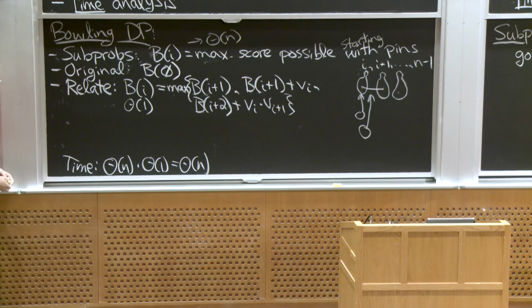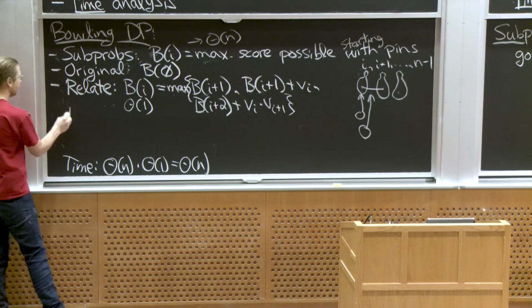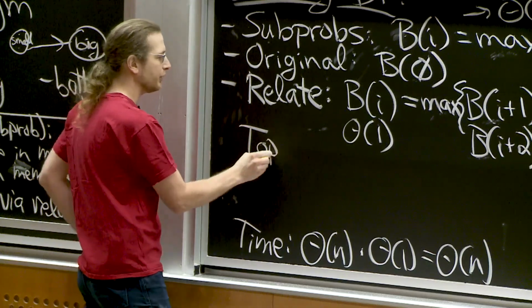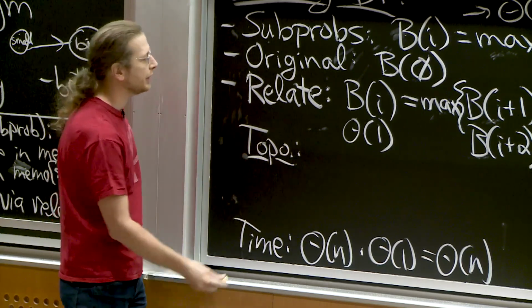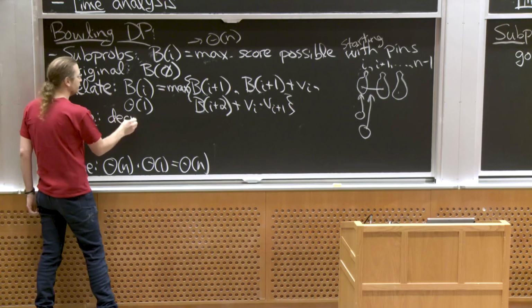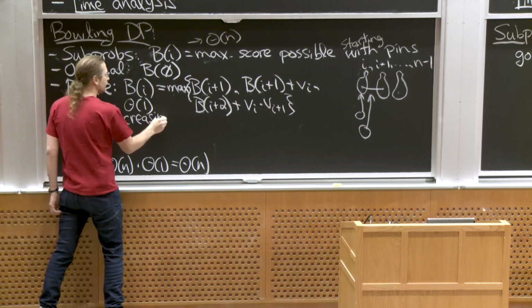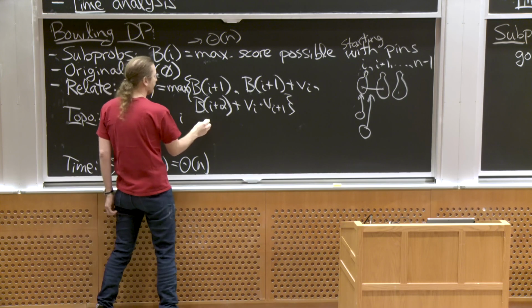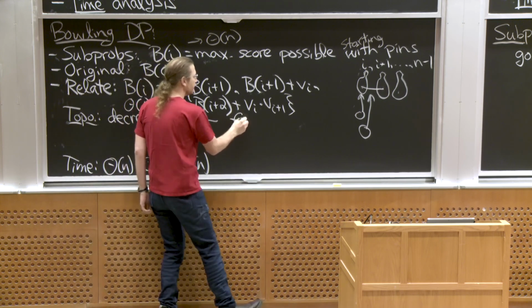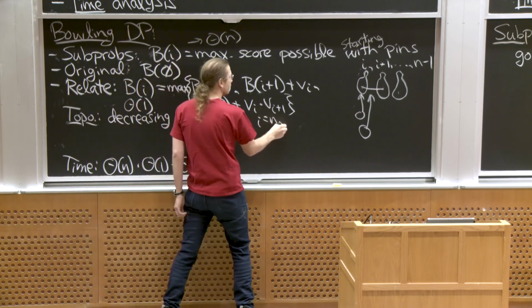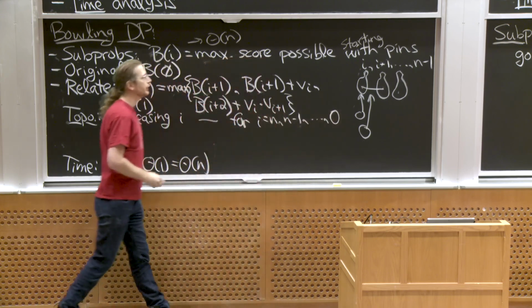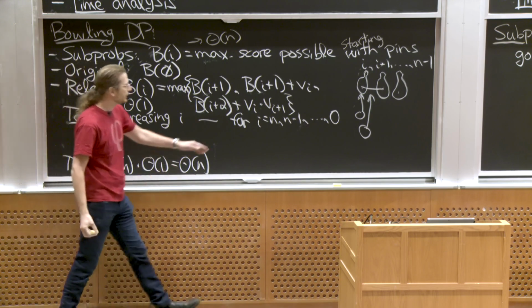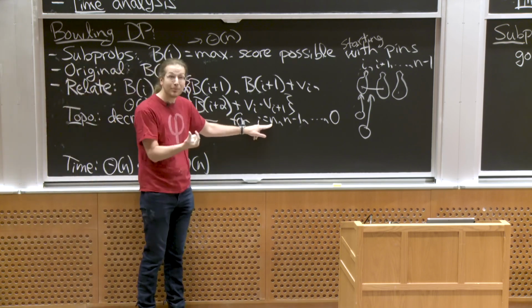Great. Now, I didn't finish SRTBOT. So there's another T, which is to make sure that there is a topological order. And that is in decreasing i order. Or I might write that as a for loop for i equals n minus 1 down. This is the order that I would compute my problems, because the suffix starting at n is the empty suffix.